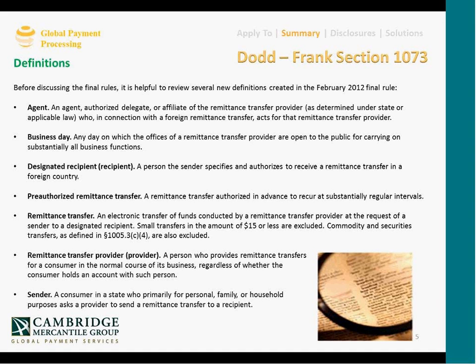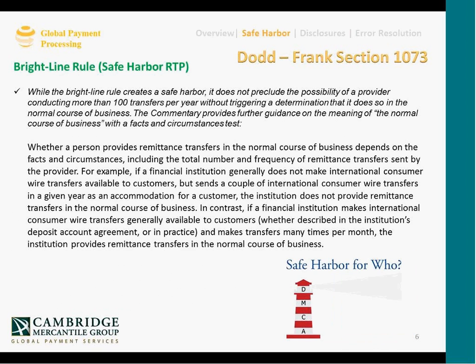Right? And there's a number of key definitions. I won't go into each one of those, but as I start getting into disclosures, the things that are required on the disclosure, and also the error resolution requirements, you will see a number of these terminology used.